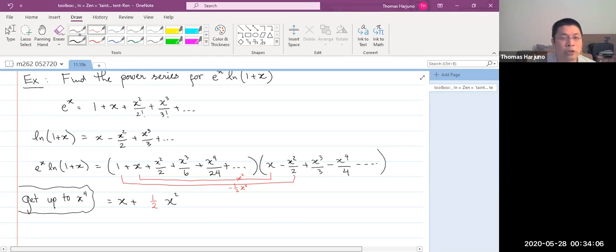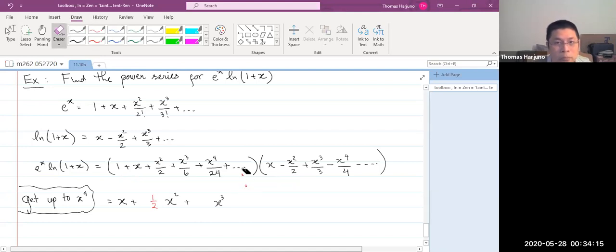Next, how about x cubed? To get x cubed, it will be this guy times this guy, and then this guy times this guy, and this guy times this guy.